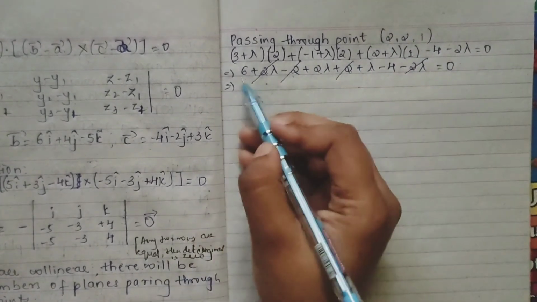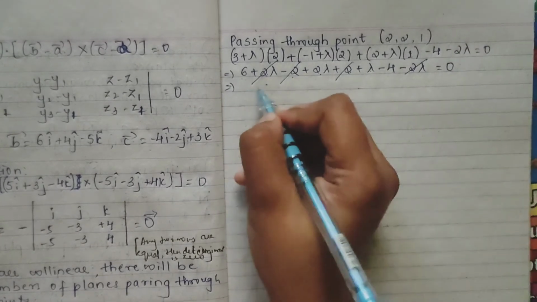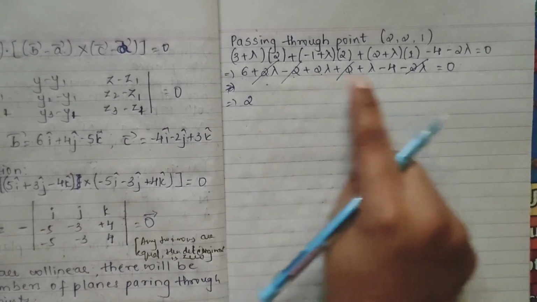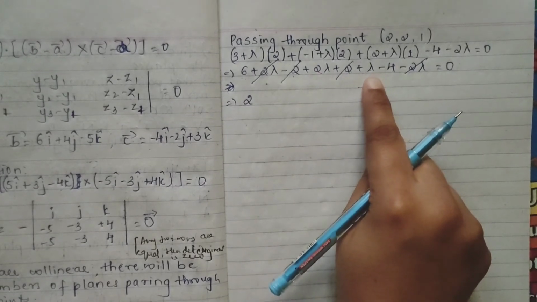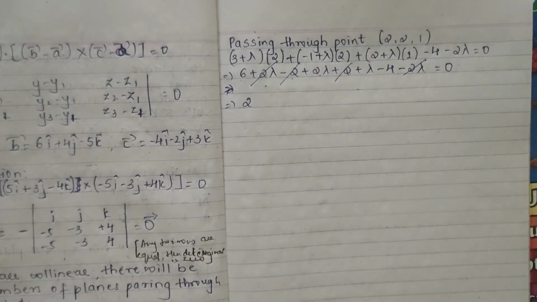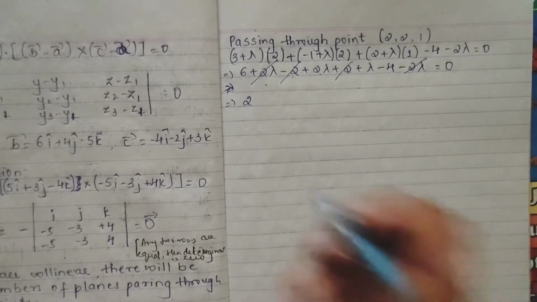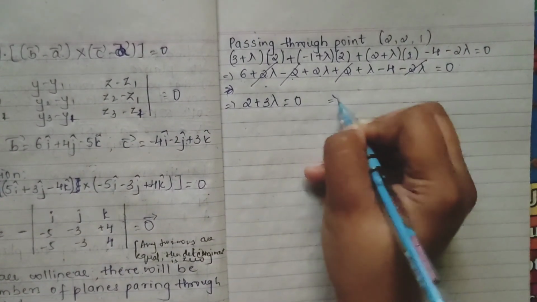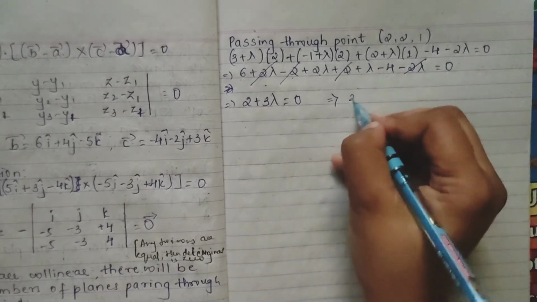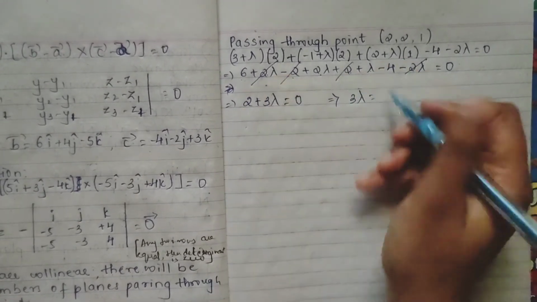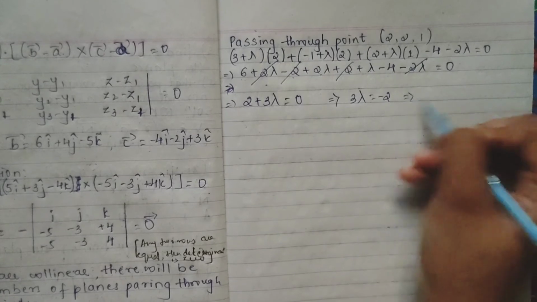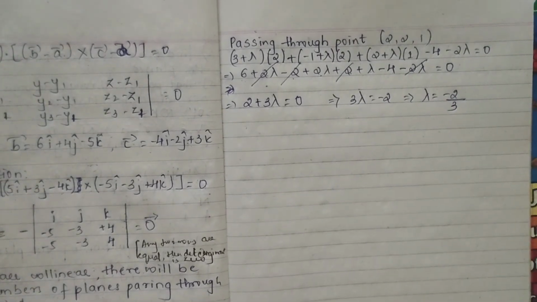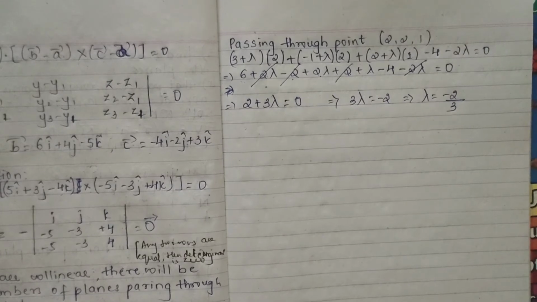So you have 6 minus 4, which gives 2. Then plus 2 lambda plus lambda gives plus 3 lambda, so 2 plus 3 lambda equal to 0. From this we find lambda: taking 2 to the other side it becomes minus 2, so lambda is minus 2 by 3.